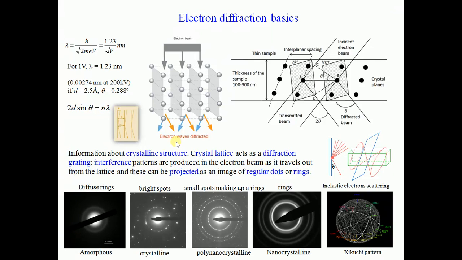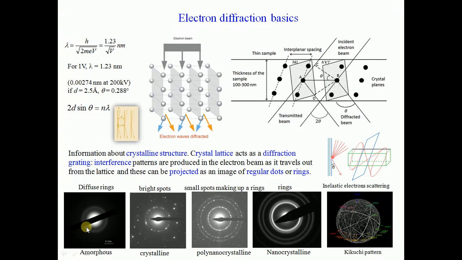Why we get regular rings or circular patterns, I am going to tell you in the next slide. But if the diffraction pattern has diffuse rings, then your sample is amorphous in nature.